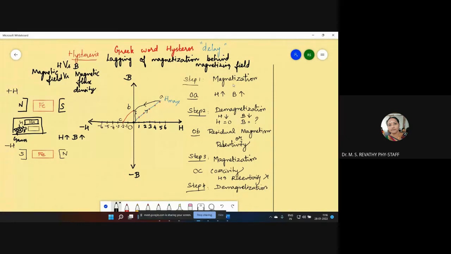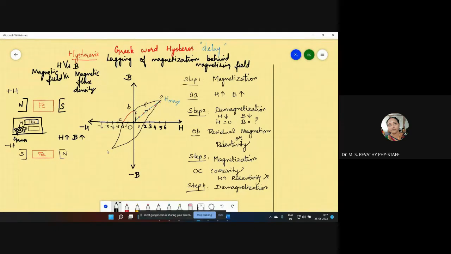So magnetic field on, magnetic field off, magnetic field on, magnetic field off. Now I'll get demagnetization, then I'll complete the loop. Then again magnetization, and finally I can complete the loop like this.